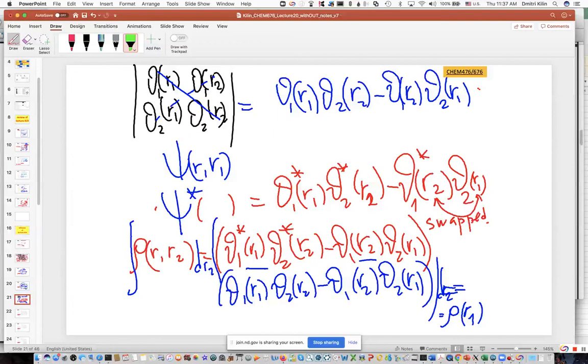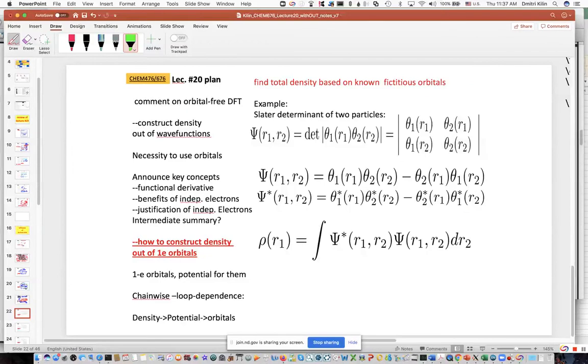Let me move to well-typed equations. In the definition of the wave function, we need the Slater determinant that you all like, right?